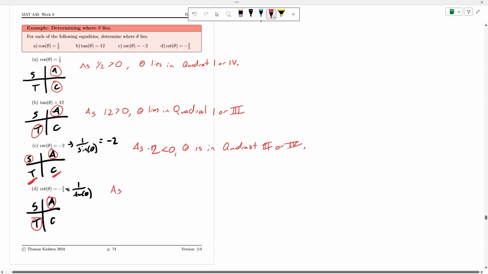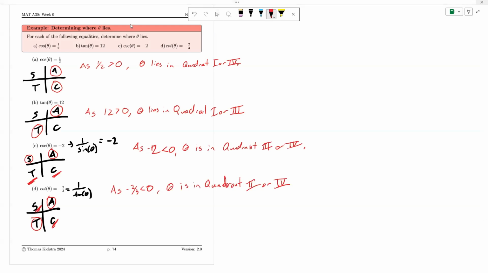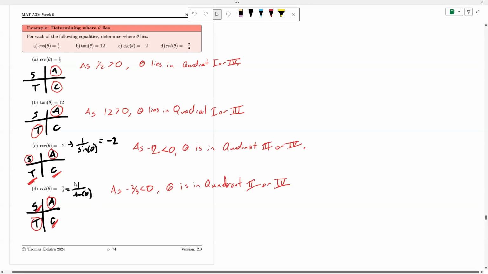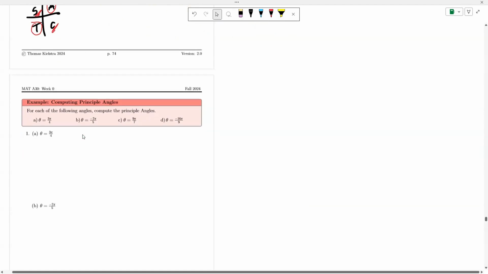And here, as -2/3 is less than 0, I'm going to pick these two quadrants. Theta is in quadrant 2 or 4.